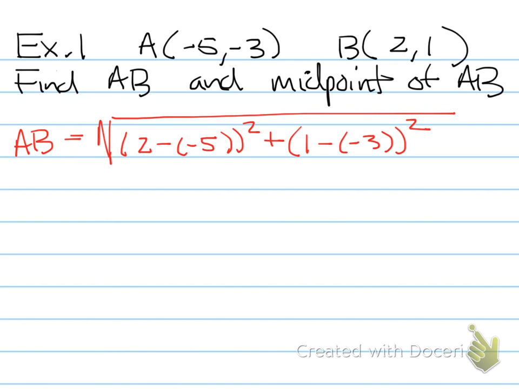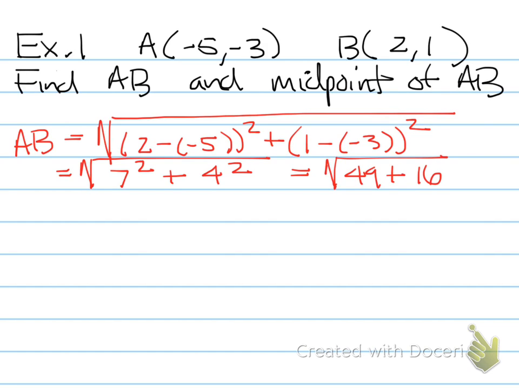So we do x2 minus x1 squared, plus y2 minus y1 squared. 2 minus -5 is 7, 1 minus -3 is 4, 7 squared is 49, 4 squared is 16, 49 plus 16 is 65. So the exact measure for segment AB is the square root of 65.